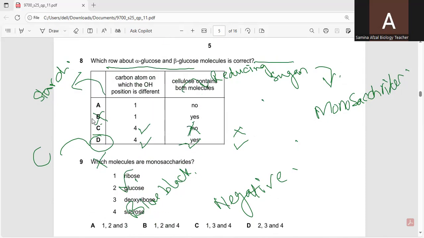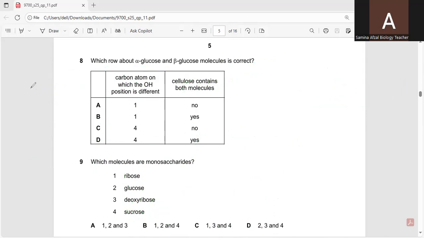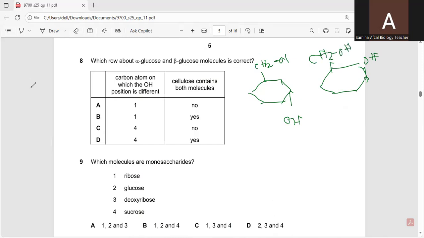Now we will move towards question number 9. Which row about alpha glucose and beta glucose molecule is correct? So this is alpha glucose and this is beta glucose.